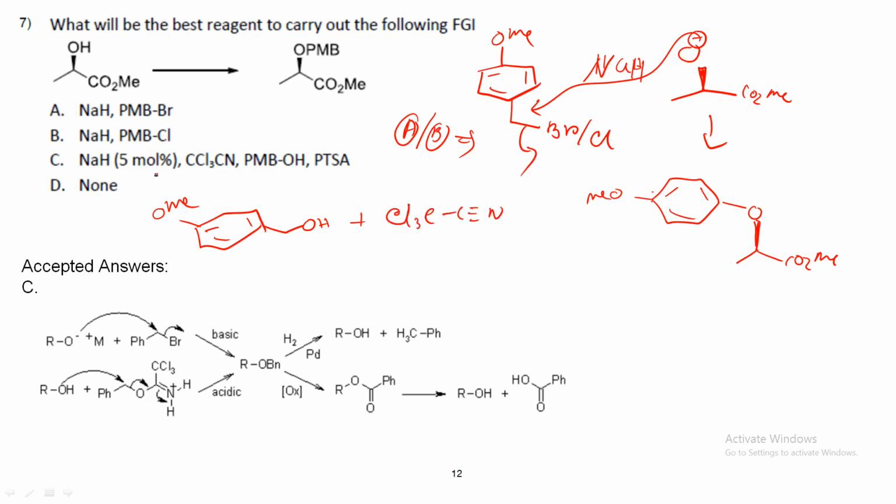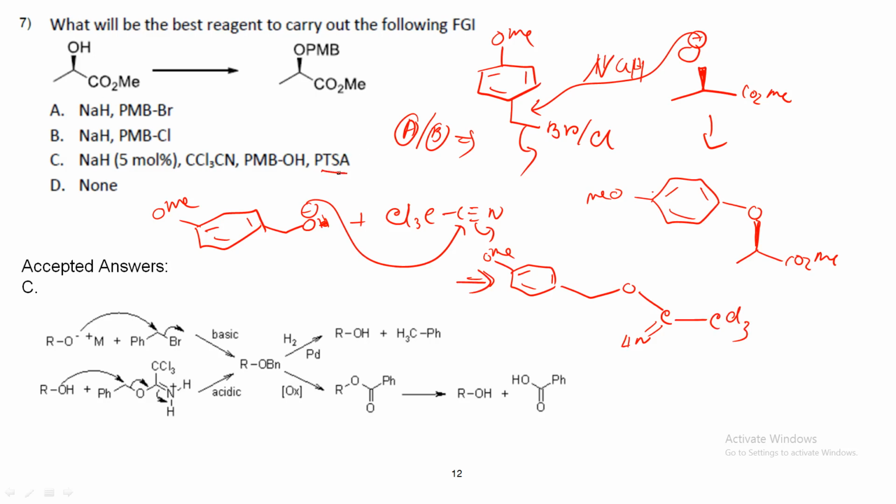So now in basic media O minus is generated and it attacks here. OMe, CH2O, here a double bond, NH, and here we have CCl, right. So this we have generated.